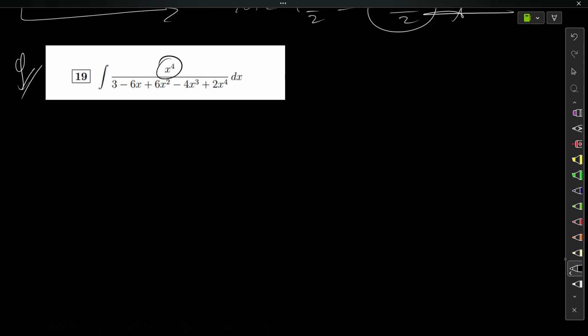What I'm seeing is that the highest degree is 4 on both sides, in the numerator and denominator, right? So what can I do here?